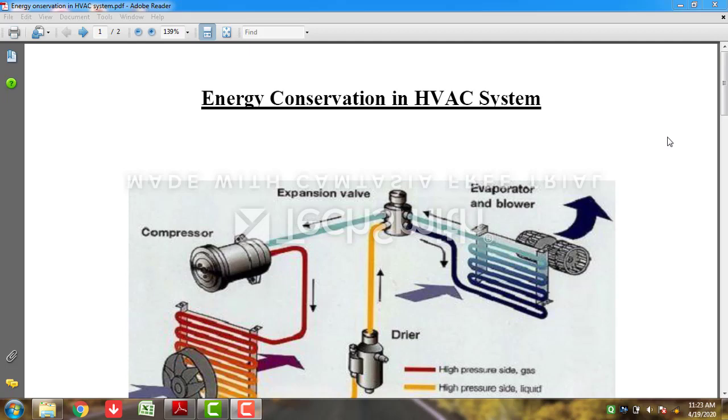Now in this unit we will discuss, after generating the electricity, how we are utilizing that electricity, which is very important.